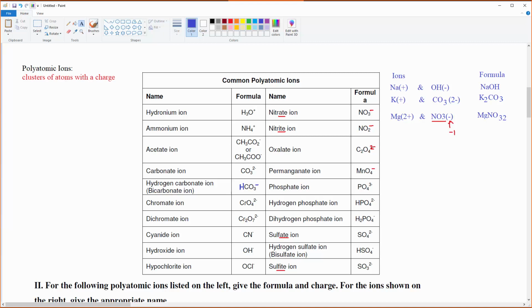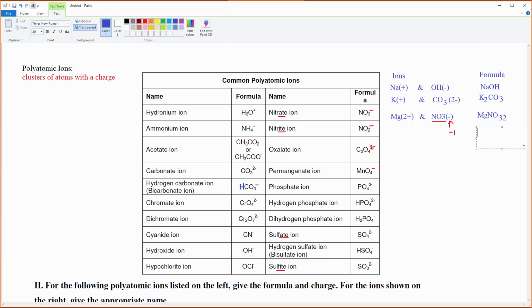So as Nicole and Danielle and Sarah noted, if you've been watching the notes, if you have more than 1 polyatomic ion, to indicate that you have more than 1 of that whole cluster, you're going to put it in parentheses to say this comes as a cluster and I have a certain number of this particular structure.